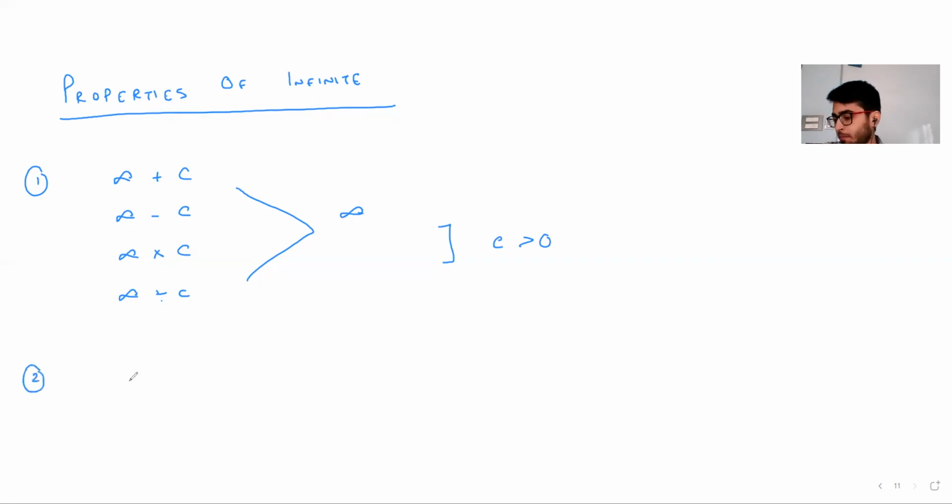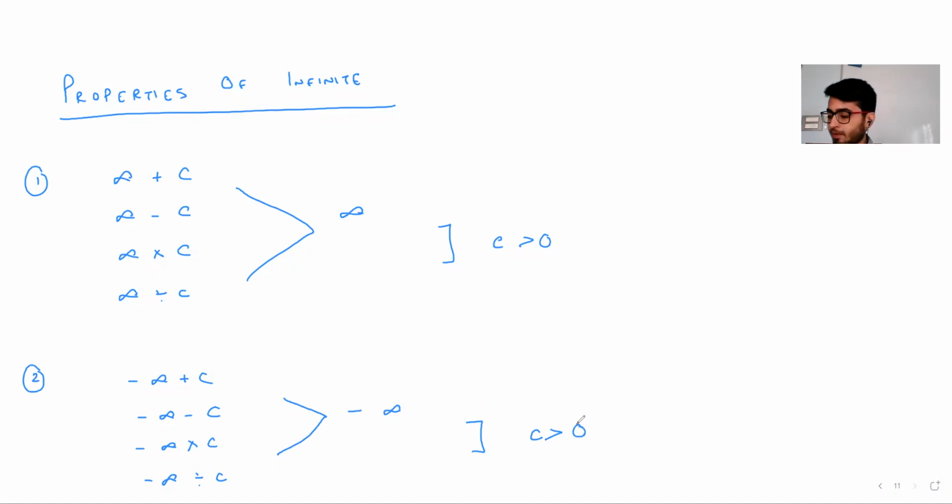Similarly, minus infinite plus constant, minus infinite minus constant, minus infinite into constant, minus infinite divided by constant is nothing but minus infinite. And in the last two cases, again, C is greater than 0.